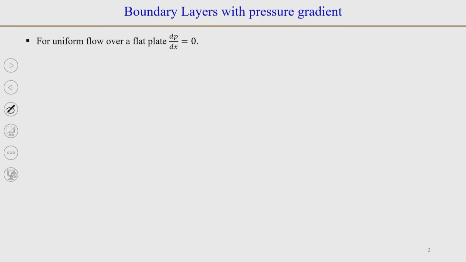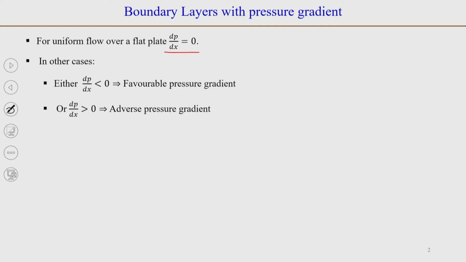So, we said that when the flow is uniform over a flat plate, dP by dx is equal to 0, but if this is not the case, then it might be either less than 0 or greater than 0.